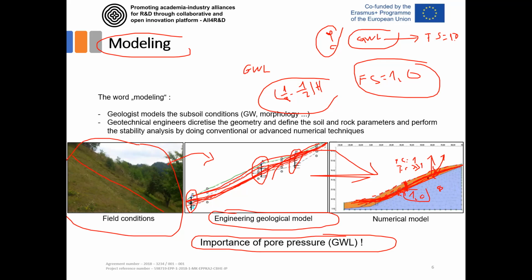But we usually do not know that, because we are not measuring pore pressures at the moment of sliding. We usually measure it after the sliding occurred, 5-7 days later when everything settles down, we drill boreholes and put piezometers in the slope, and we measure the pore water pressure in the following period. But at the moment of sliding, the water level could be different from what we measure after.